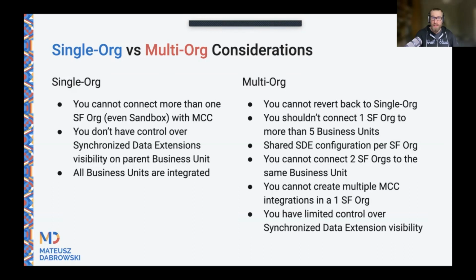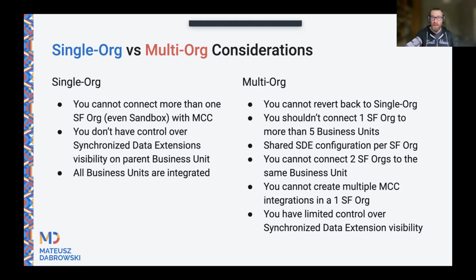You have very limited control over synchronized data extension visibility. In single org, we were able to decide whether the child business units see or do not see the synchronized data extensions. In the multi-org, there is no such option. As long as the integration is implemented in the business unit, this business unit will see the synchronized data extensions selected for this integration, and you can do nothing about it.